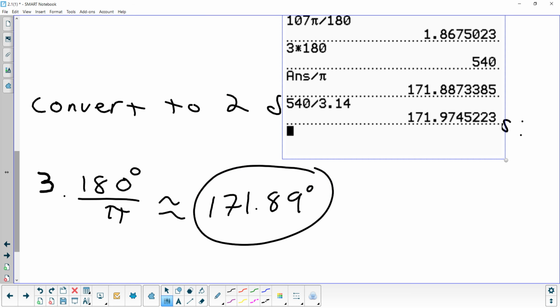To 2 decimal places, the top one is 89. The bottom one is 97. 89 and 97, that's pretty far apart. Okay, so make sure you always use the pi button. Right. Questions on that? Okay, so that's how we convert between degrees and radians.